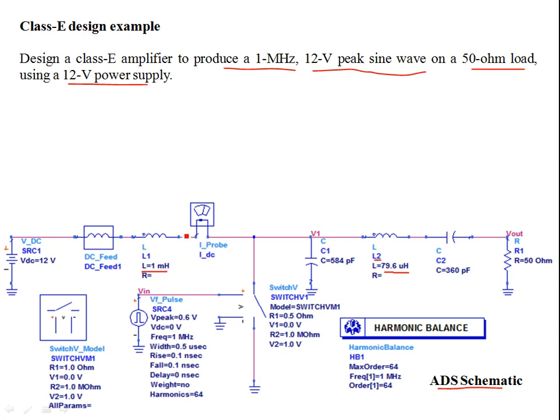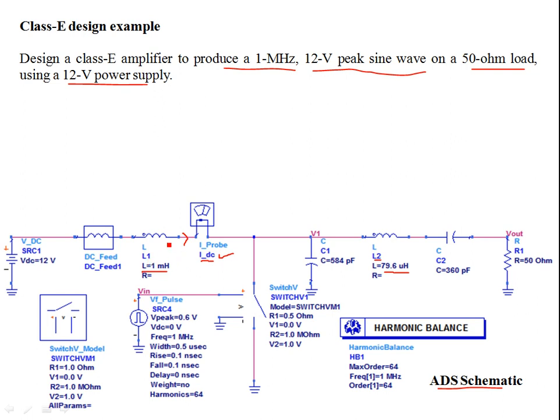What I mean is that the current that flows out of this RF choke has a very small AC component, because it is going to choke any AC signal. So it's going to be a DC current, this IDC. There won't be any AC component, right?